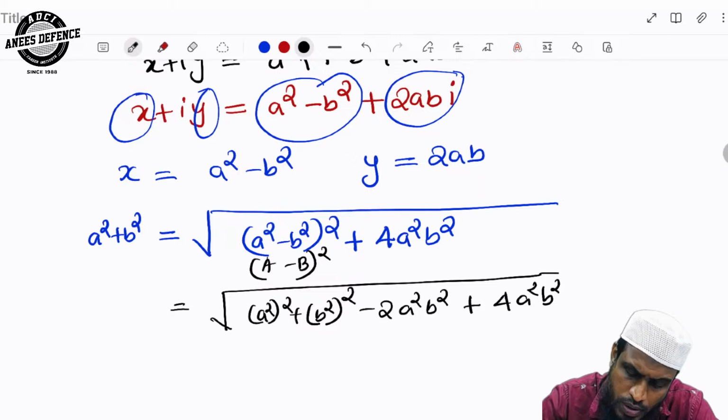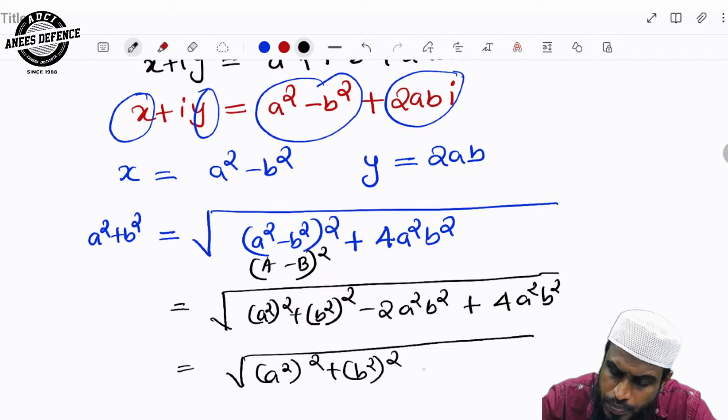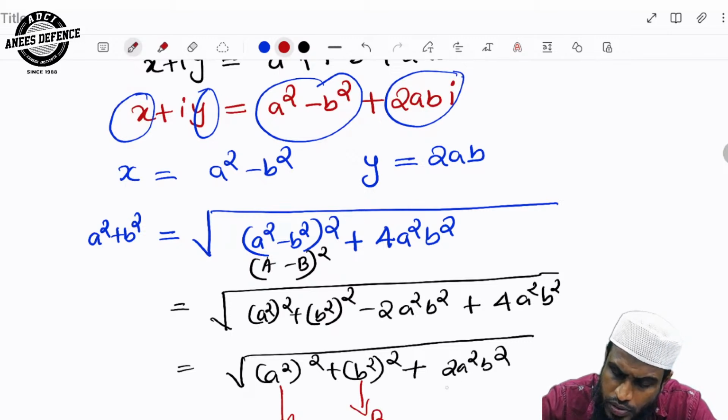This can be written as a square the whole square plus b square the whole square minus 2a square b square, and 4a square b square can be written as plus 2a square b square. So if we consider a square as a and b square as b, then this can be written as 2ab.